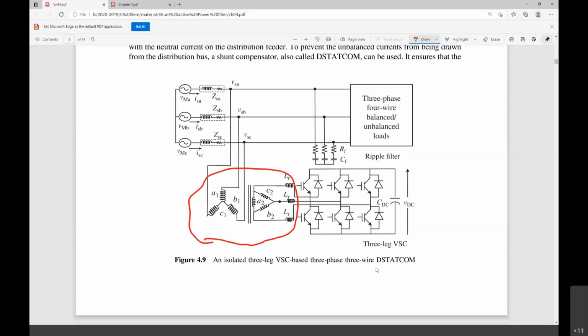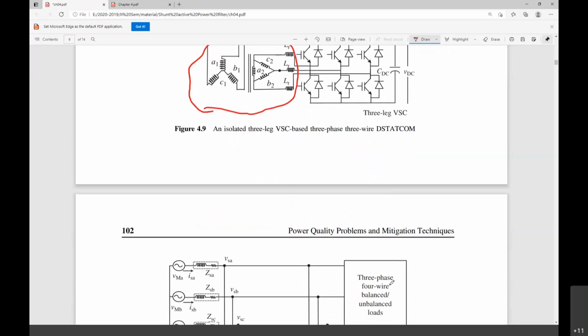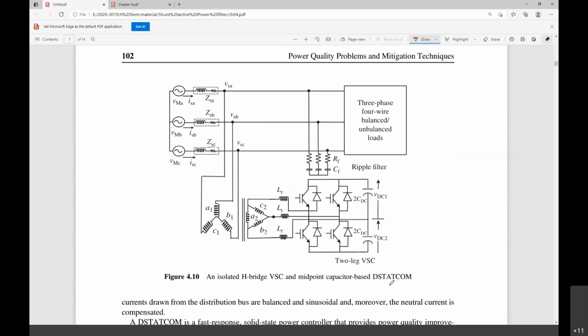This kind of topology can also be used to have the isolation between the AC side and the DC side of the D-STATCOM. It is about an isolated H-bridge, the same thing instead of the 3-leg, an isolated H-bridge VSC based and midpoint capacitor based D-STATCOM.